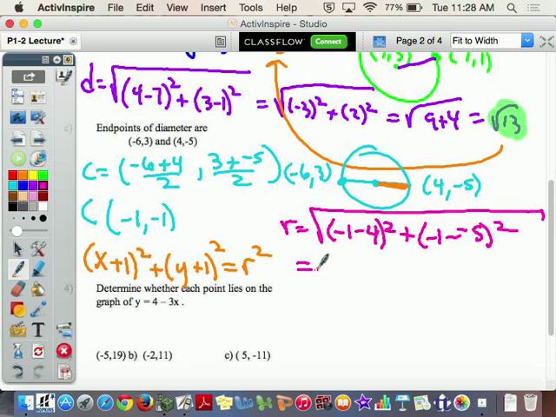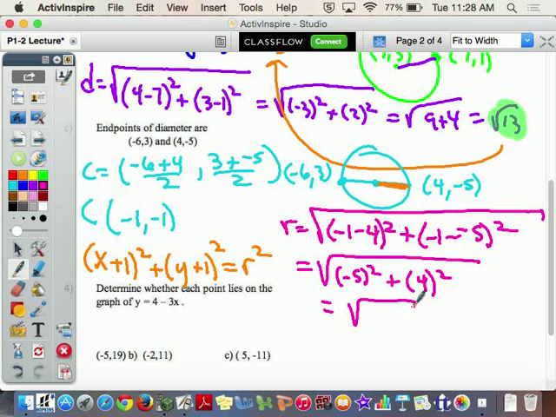When I do this, I get the square root of -5 squared plus, is that 4? 6? Oh, no. 4 squared. Or in other words, the square root of 25 and 16, which is the square root of 41.